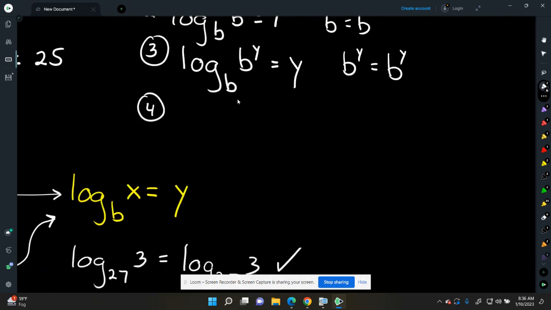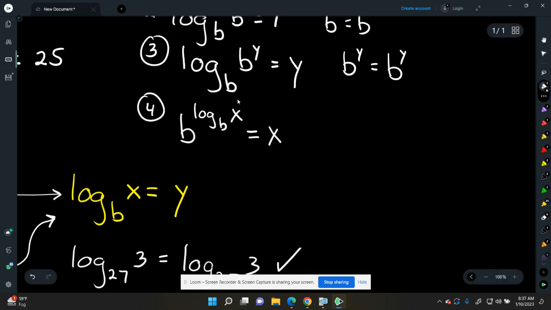Property number 4. And that's going to say b to the power of log base b of x. This equals, what is this going to equal? x.